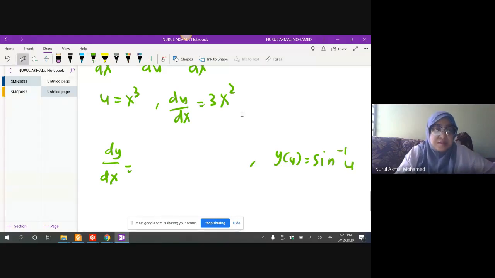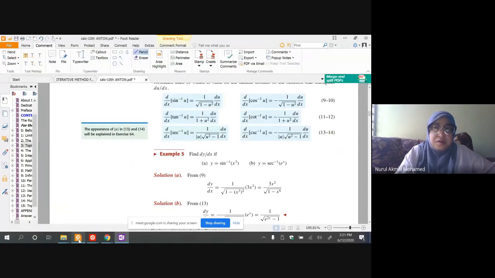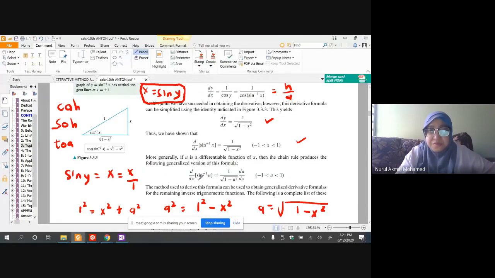Let's look at the table of what we have got before. The derivative d dx of arc sine of x is equal to 1 over square root of 1 minus x squared.